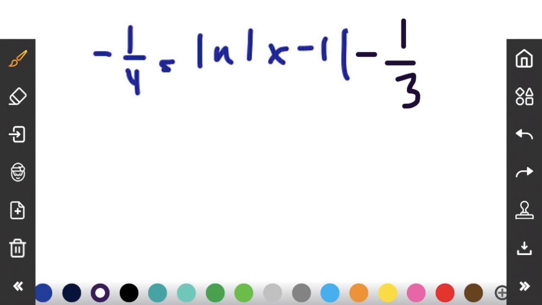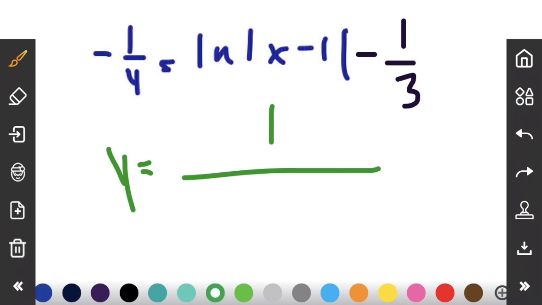So you would take the inverse of this 1 over y, which would be y. And what you do to one side, you'll do to the other, and you have a negative on the left side, so you're going to make all the values the opposite on the other side. You're going to multiply by a negative. So what this will end up equaling is y equals 1 over 1/3, because the negative times the negative will be a positive, right?